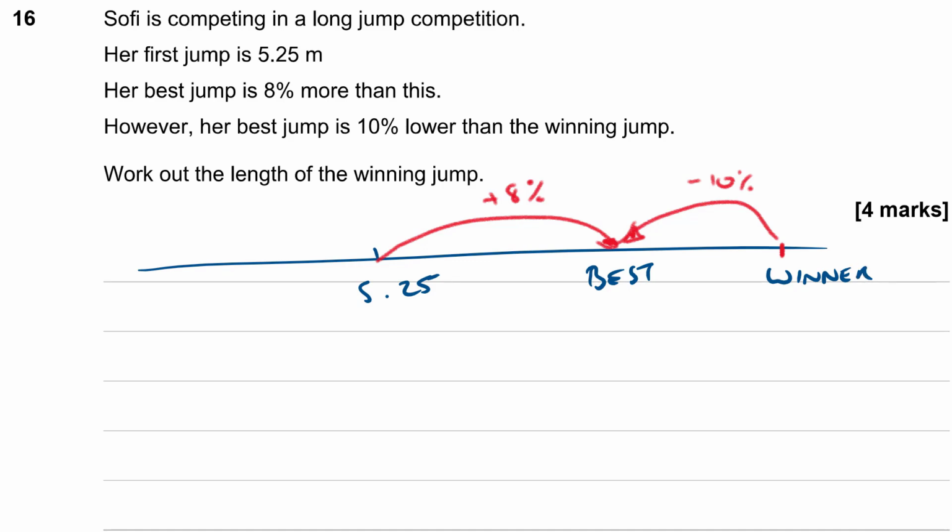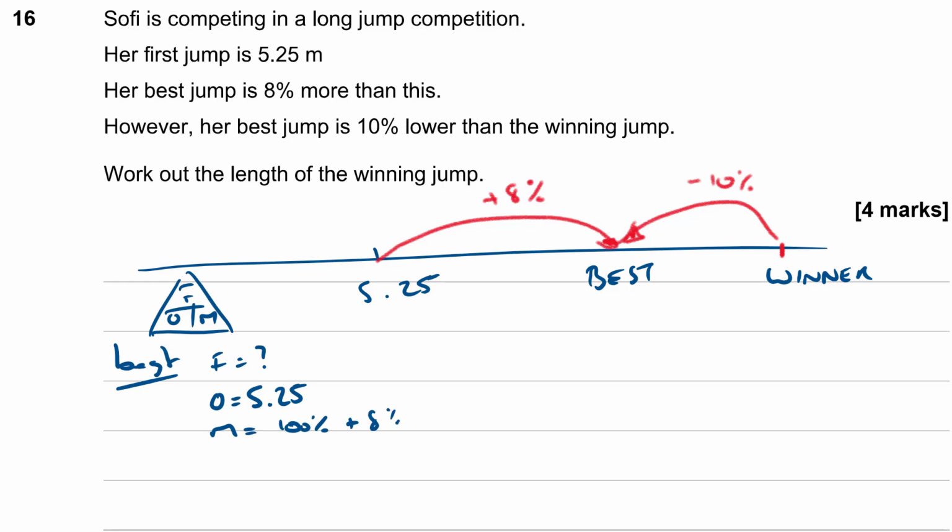Okay, so let's work out her best jump first off. So best is going to be, well, it's a percentage increase, isn't it? So using our triangle final original multiplier, our final is what we're trying to get. Our original is 5.25 and our multiplier is, well, it's 100% plus 8%, which is 108%, which is 1.08 as a multiplier.